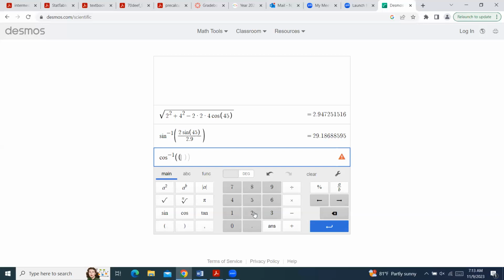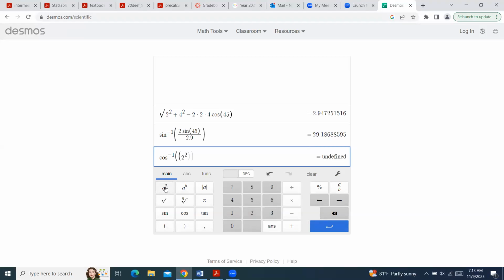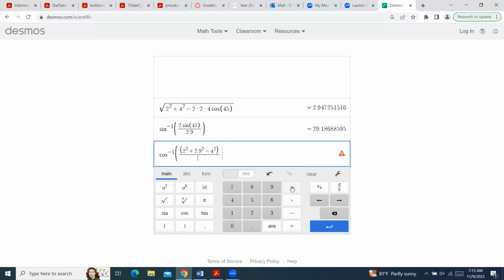So usually when you work with fractions, you should put parentheses. So plus 2.9 squared minus 4 squared, and divided by the product of 2 times another 2. Now here, I guess I don't need parentheses because it will just go pretty straightforward.